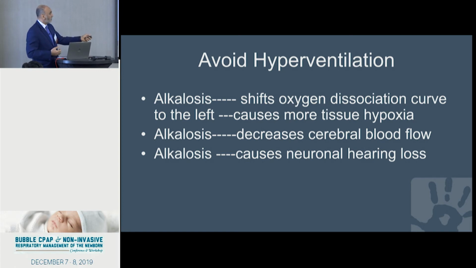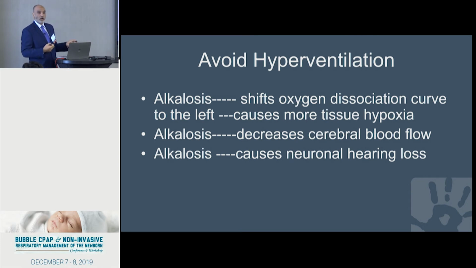Dr. Aldib will present today that alkalosis or low CO2 can also decrease the cerebral vascular blood flow, so you are decreasing the oxygenation of the brain. And there are studies showing neuronal hearing loss. Many ECMO patients have hearing deficit, and we ask whether it is because of hypoxia before ECMO, or because of the alkalosis.